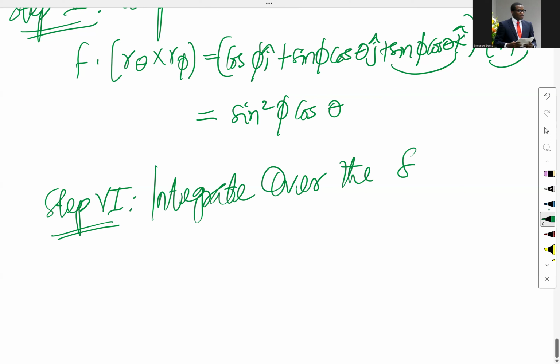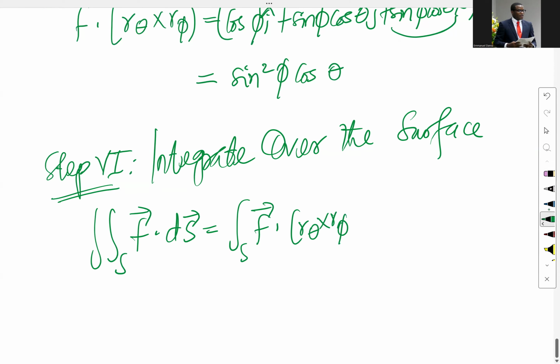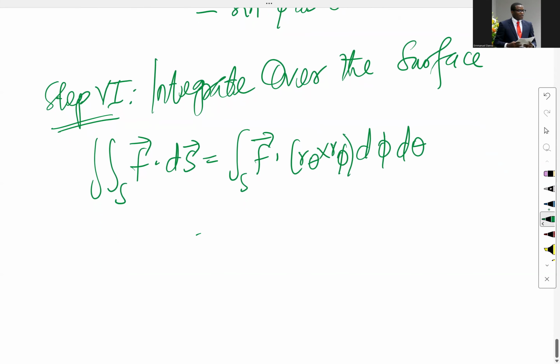If we do that, as in the double integral over the surface of F dot dS, and that is, of course, the integral over the surface of F dot r_theta cross r_phi d phi d theta. So now we can put everything here.